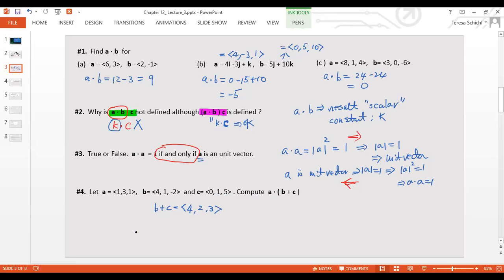Then A dot B plus C means 1, 3, 1 dot 4, 2, 3. So what is this one here? It is 4 plus 6 plus 3, which gives you 13. Okay, so these 4 problems are pretty straightforward, right? It's very mechanical. So make sure you know how to do the dot product.